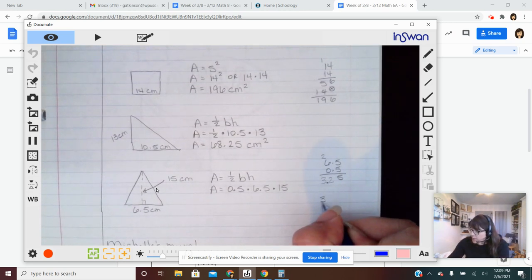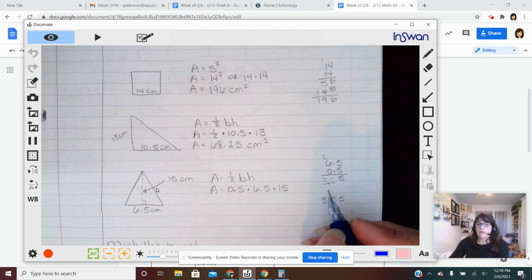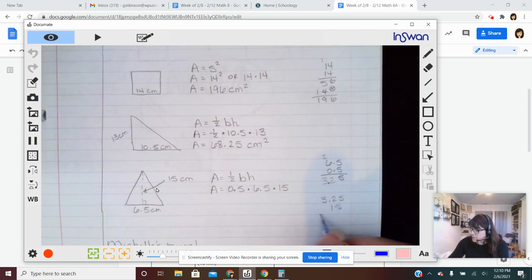So then I have 3.25, which makes very much sense that that's half of 6.5 times 15.